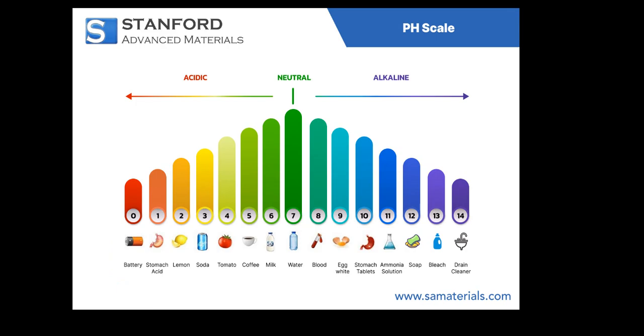But that is a topic for another day. I just wanted you to see that things like your tomato are slightly acidic, right? Milk is slightly neutral, blood is slightly alkaline or basic. So these are your common things that you come across. Quite helpful to remember that.